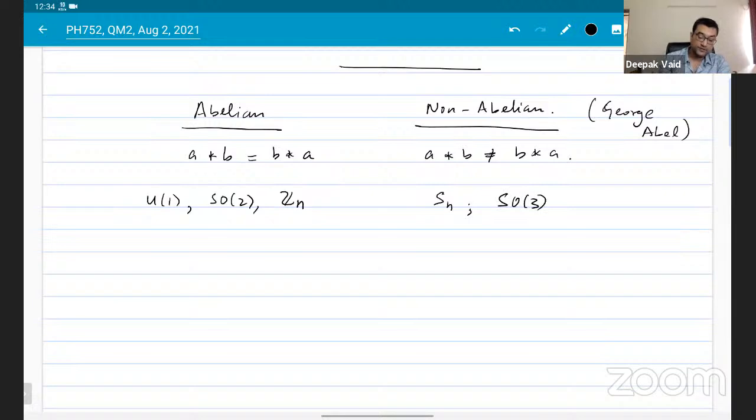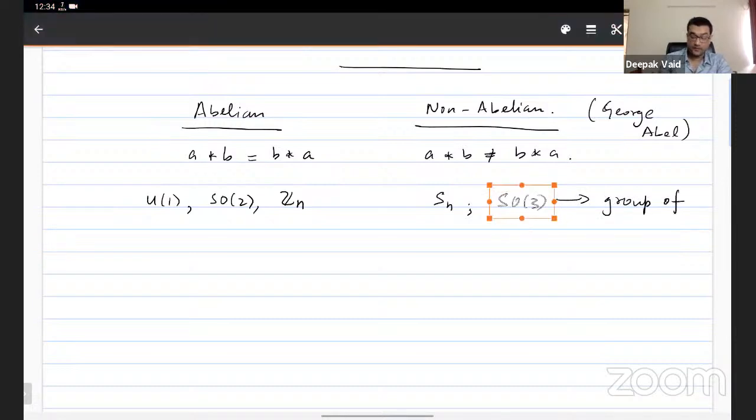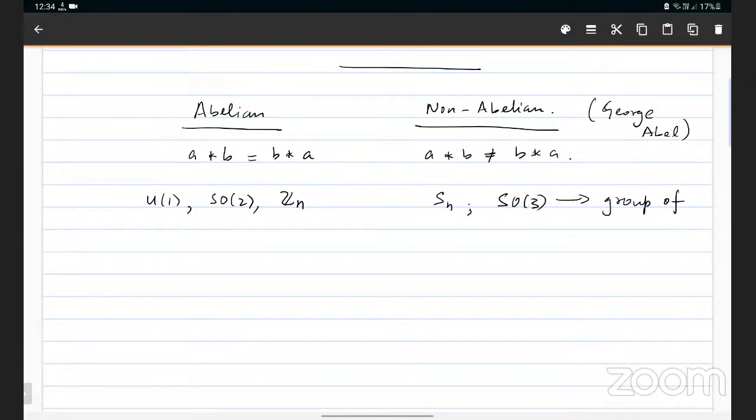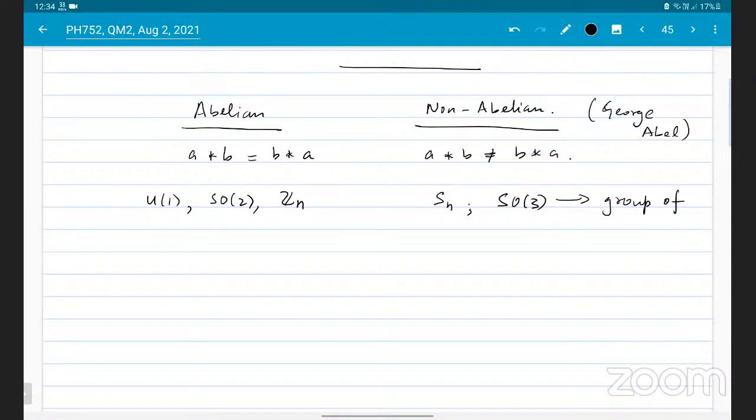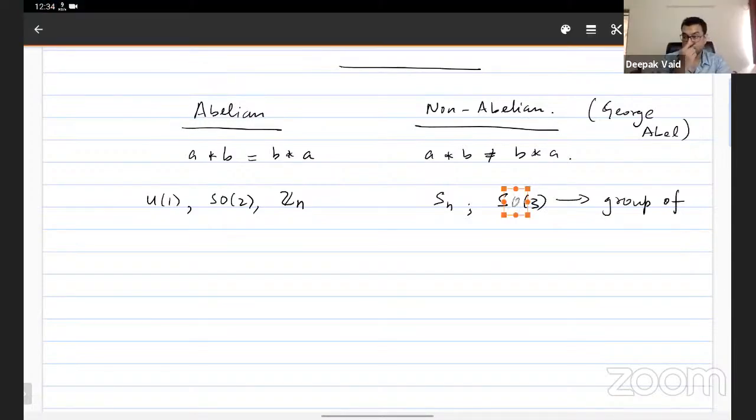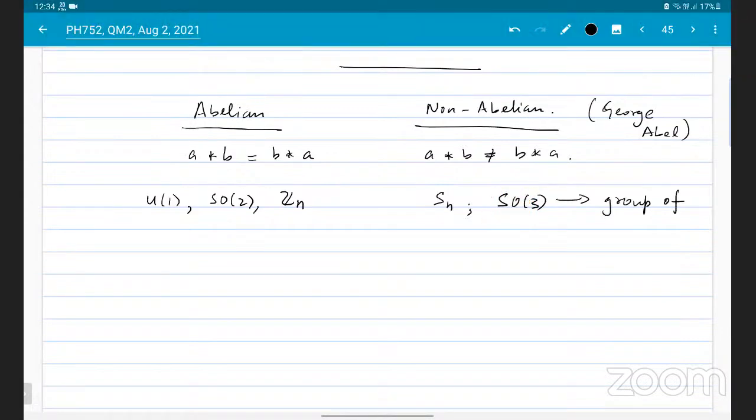Then SO3. Now, what is SO3? Now you can read off from this. What does the S stand for? So first of all, what does the 3 stand for? 3 by 3 matrices. What does the O stand for? Orthogonal. And S stands for? Special. Determinant 1, right?